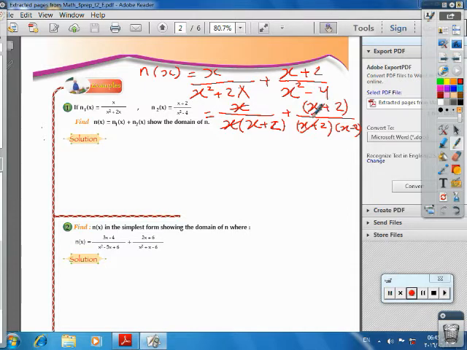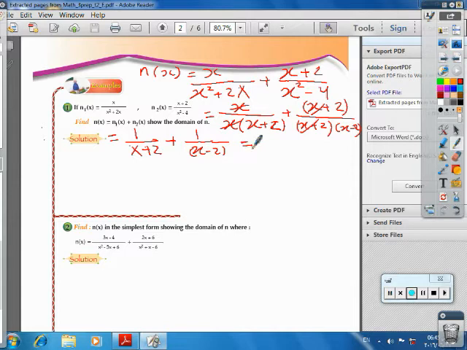Now the first fraction is 1 over x + 2, and plus the second fraction, 1 also over x − 2. Now the denominators are not similar, they are different.